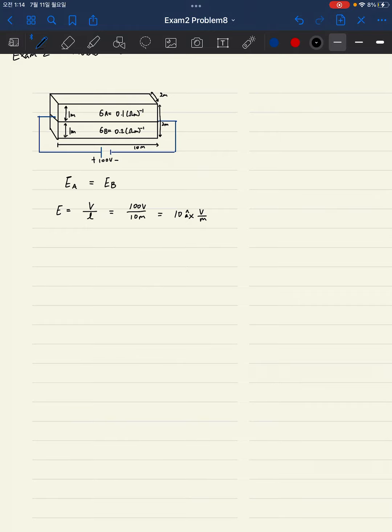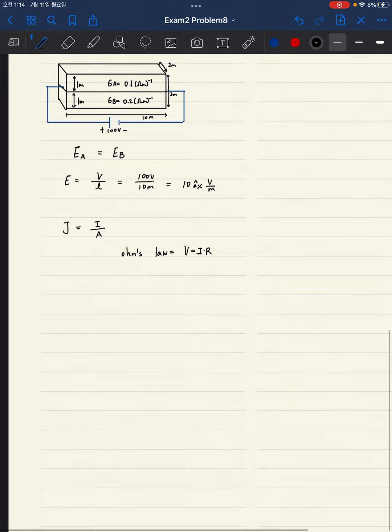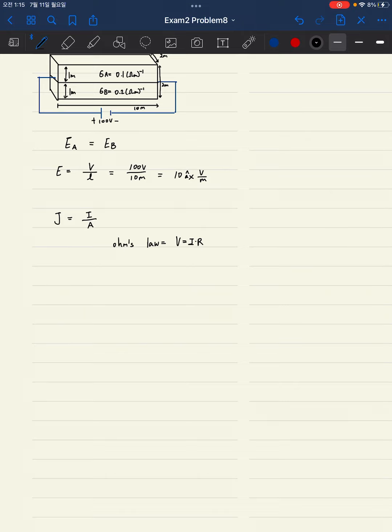Before that, we are going to use the current density equation, which is J equal to I, the current, over the area A. However, by Ohm's law, V equals IR. Since we are only given the conductivity in this problem, we will utilize this equation to get the current, and then divide the voltage by it to get the resistance.